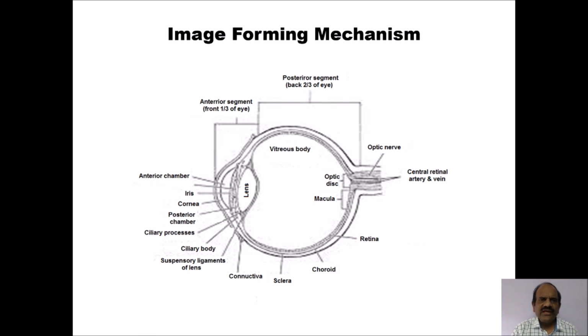Now how is the image formed? The image is formed in a simple manner. The light strikes the cornea, passes to the anterior chamber, posterior chamber, passes to the lens and forms the image on the retinal surface.